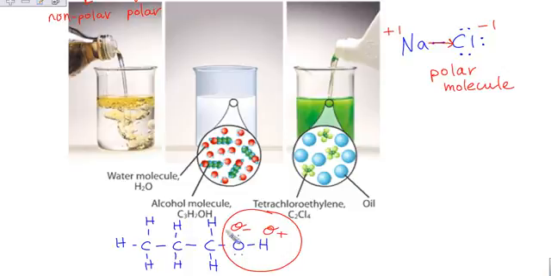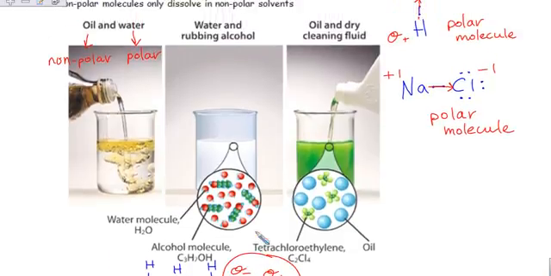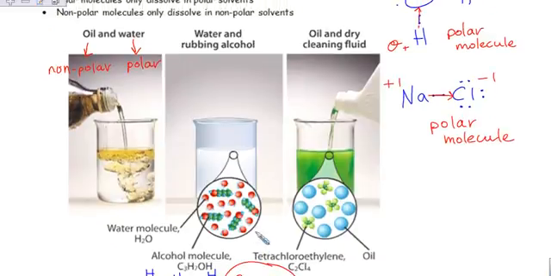There's a region of partial positive and a region of partial negative. These two will be soluble. The water, I know, is polar, and so is the alcohol. Now, even without giving me the structure, if I knew that water and alcohol are soluble, that they mix well, then I could tell you that the alcohol is polar, because like dissolves like.